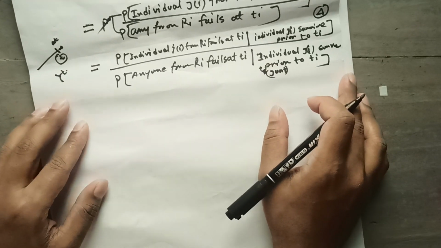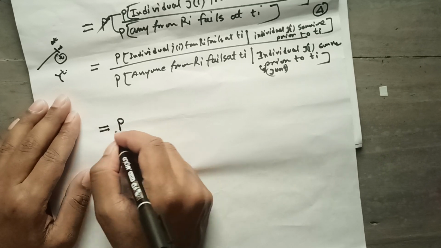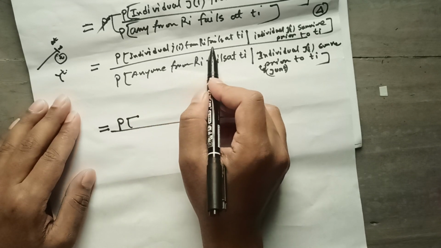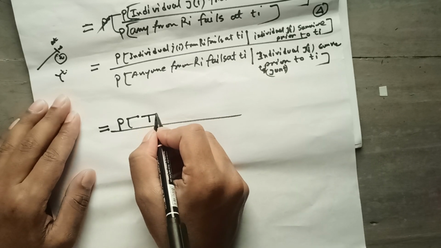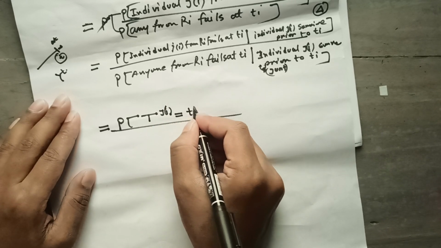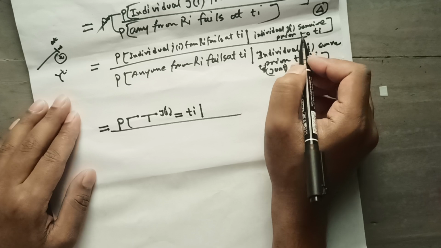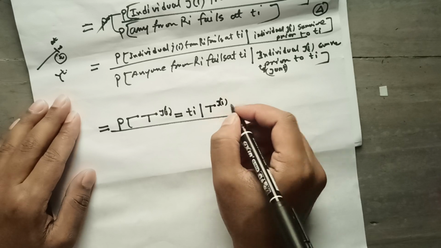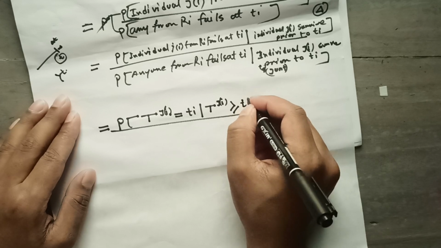What we can do next, we can write it now with much easier notations. So we can write the probability of an individual Ji from Ri failing at Ti. So the event of interest, T of Ji, will be Ti. Given that an individual Ji survived just prior to Ti, so T of Ji greater than Ti.